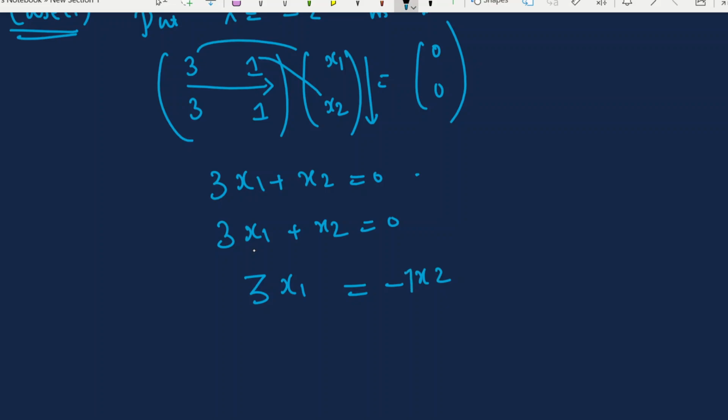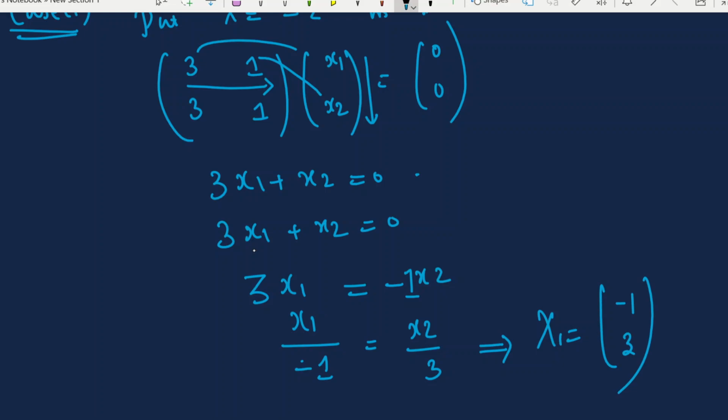So this is the coefficient here: x1 divided by minus 1 equals x2 divided by 3. This is our first eigenvector, minus 1 and 3.